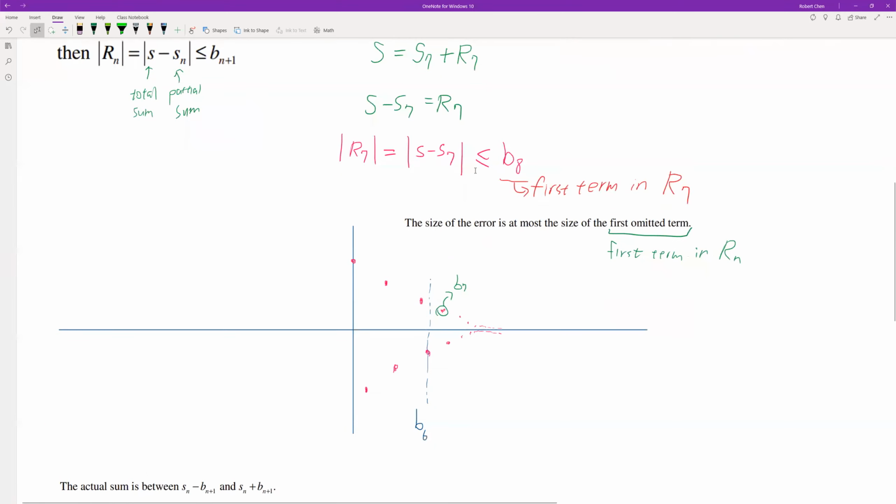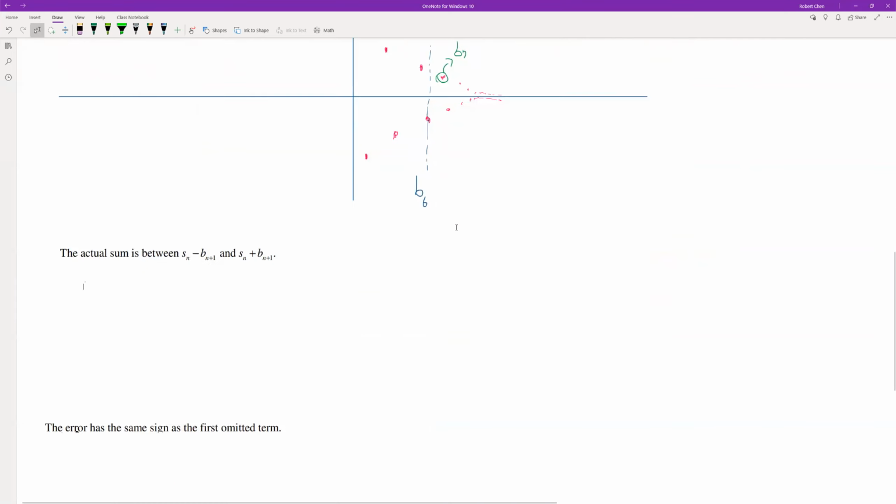The absolute value of S minus S7 is less than or equal to B8. This is just an absolute value inequality, and we can solve this by dropping the absolute value.